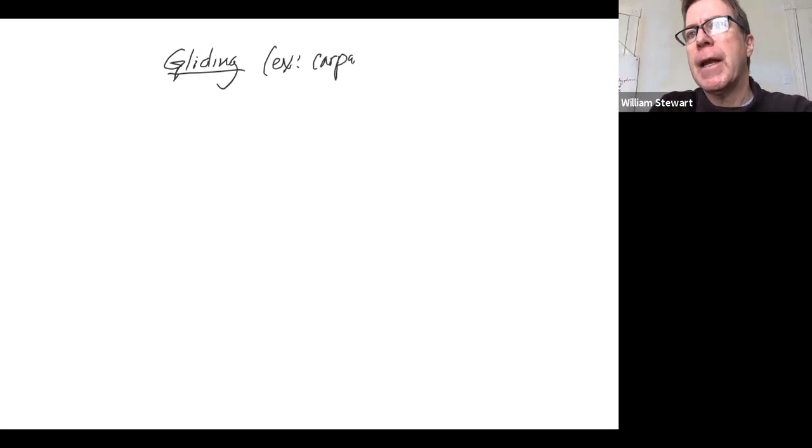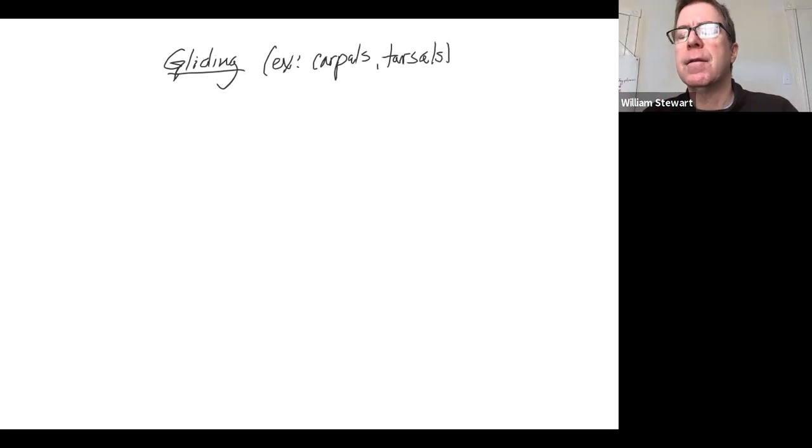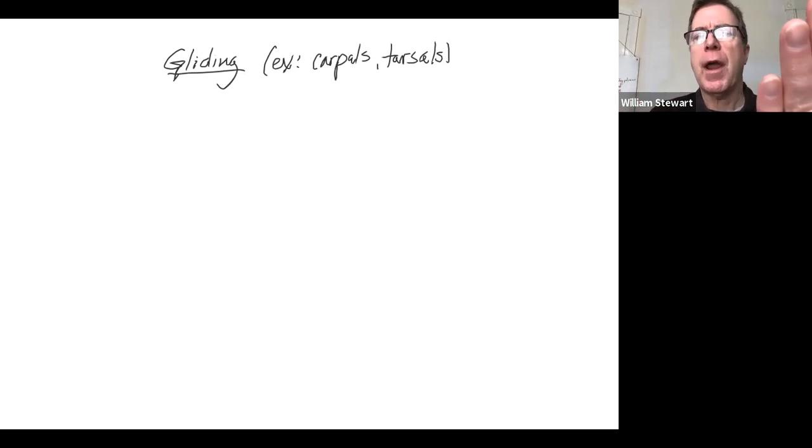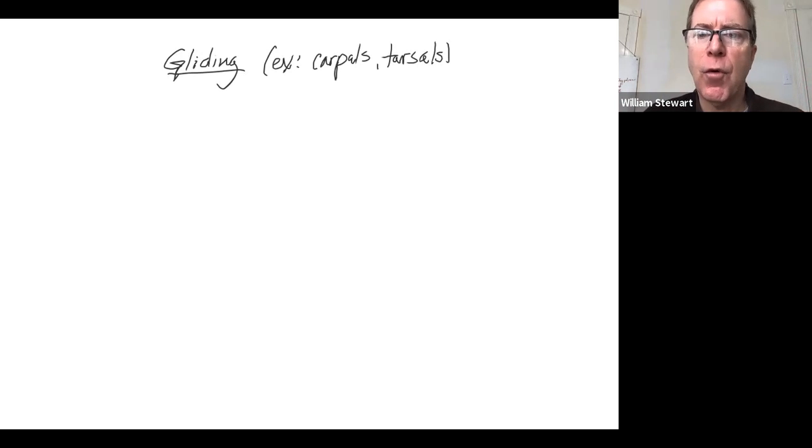I want you to know what gliding means and some examples of where that type of movement occurs. If you hold the palm of your hand upward and face it, and then move your whole hand right and left, you're getting gliding movement between your carpal bones and your wrist.